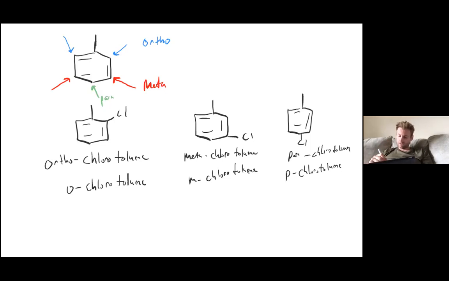So there are 2 orthos because of symmetry, 2 metas because of symmetry, and then 1 para. We'll review this a little bit more as we get into chapter 18, but it's something you're going to see a lot over the next, I guess, 2 or 3 days.